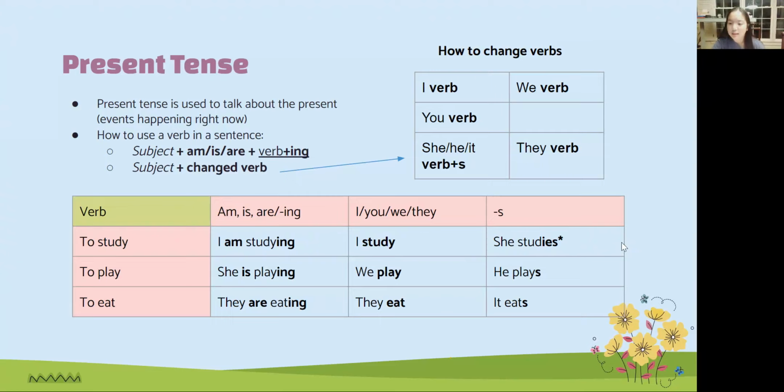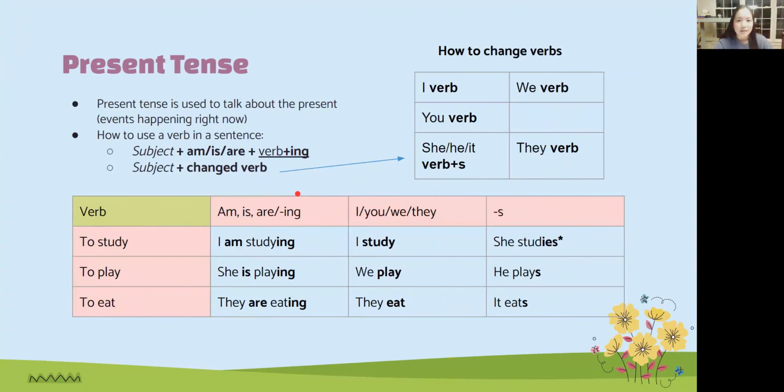You need a subject. She's running. Very good. For a sentence, you need a subject and a verb. Running is the verb and she is the subject. So you have to say she is running. Does that make sense?